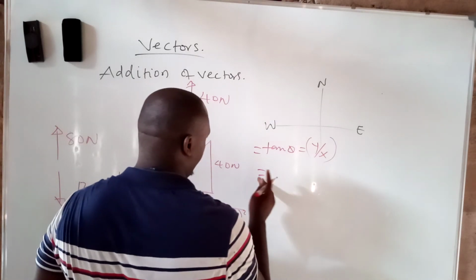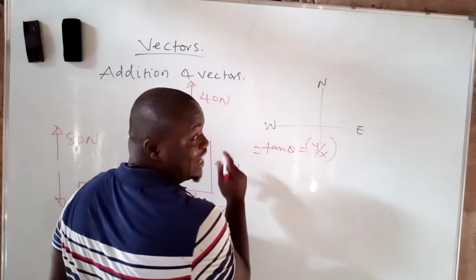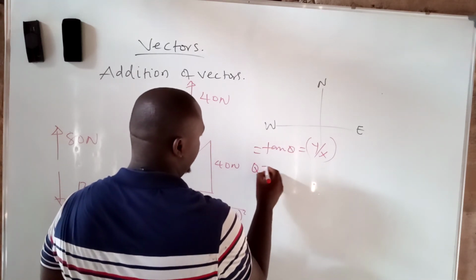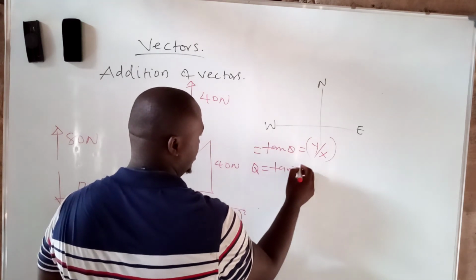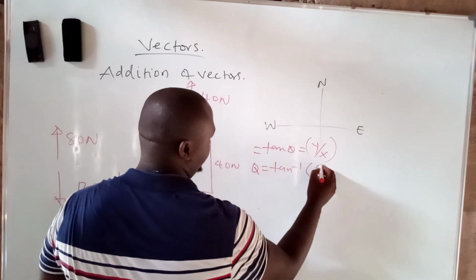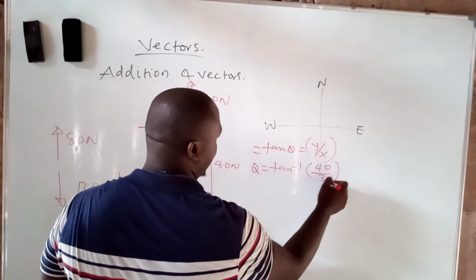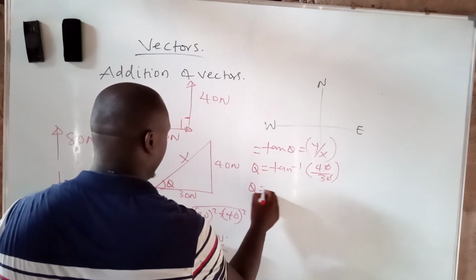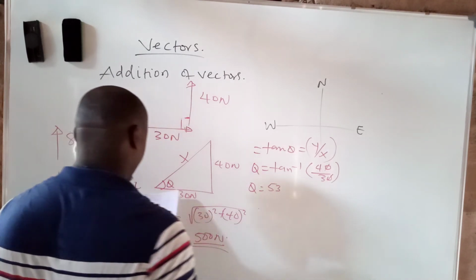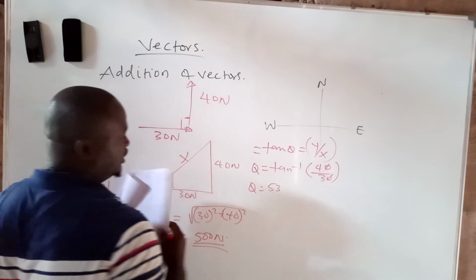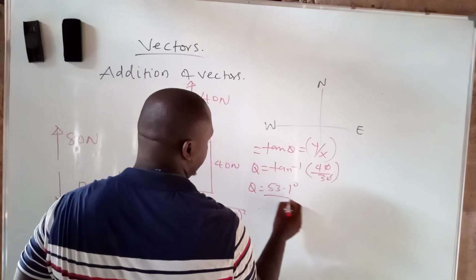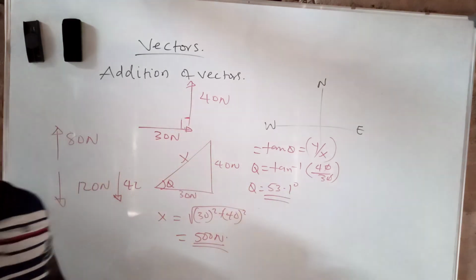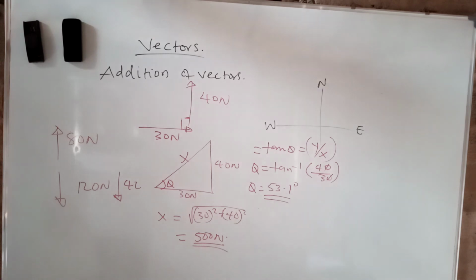So if I ask you to calculate the angle now, theta will be tan inverse of 40 divided by 30, and this should give you 53.1 degrees. So the angle between them is 53.1 degrees. Remember, we are finding the angle because they are perpendicular.